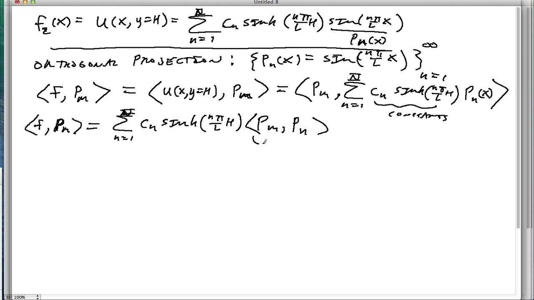All right, and recall then that this is equal to 0 if m is not equal to n. So that means the whole sum goes away except for one term, the Cm term. So that's m there.